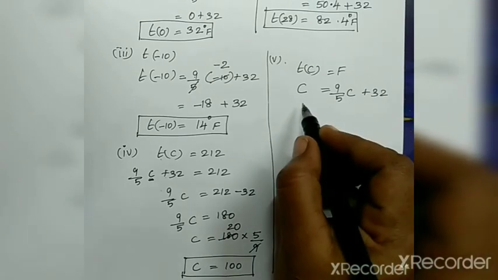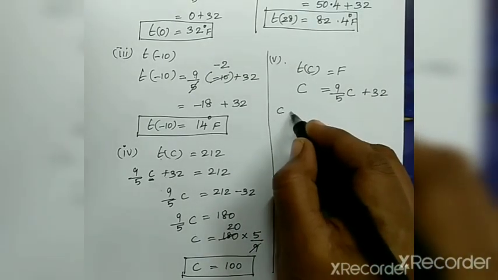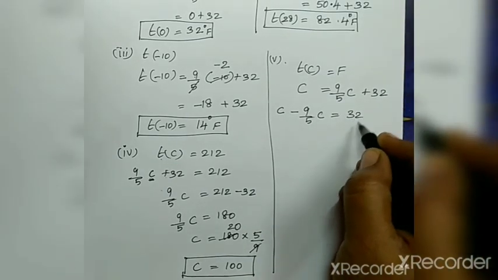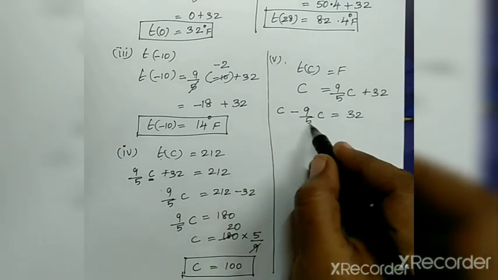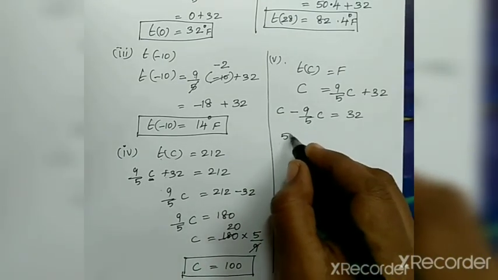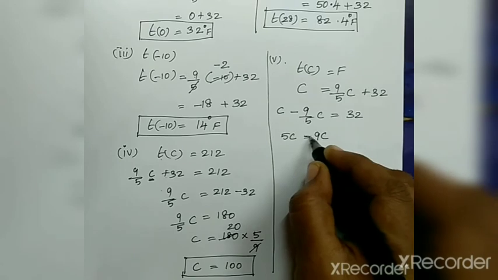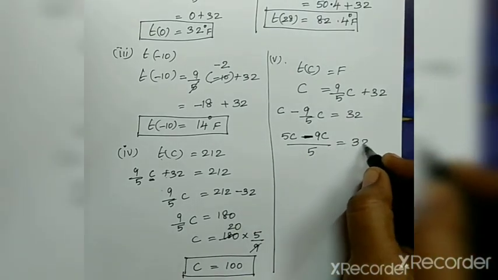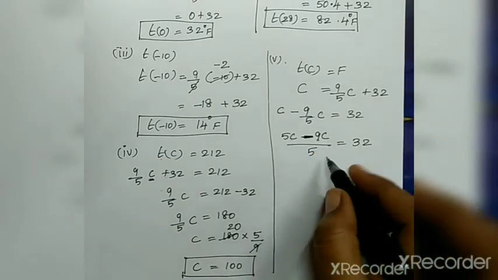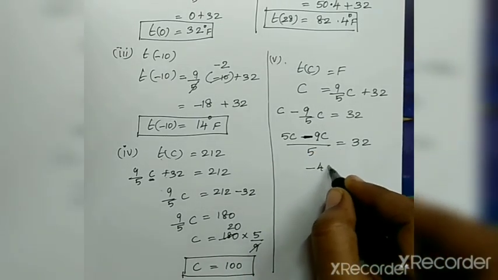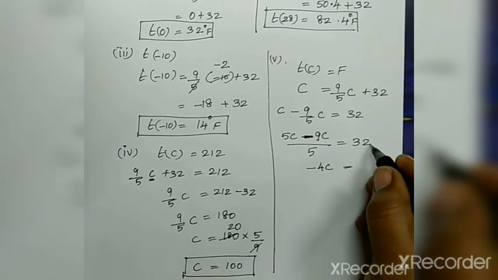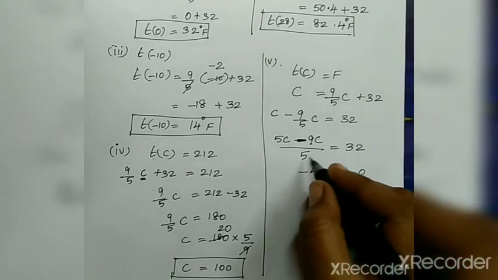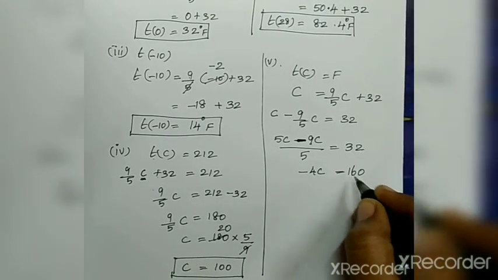Bringing all the C to one side, we get C minus 9 by 5 C equals 32. Now we have to cross multiply the 5 with the C. So 5C minus 9C divided by 5 equals 32. Subtracting 9C from 5C, we get minus 4C, which is equal to, cross multiplying the 5 there, 5 twos are 10, remaining 1, 5 threes are 15, 15 plus 1, 160.